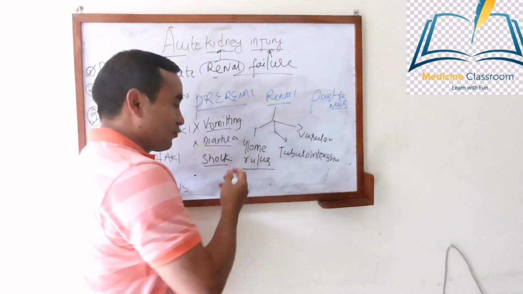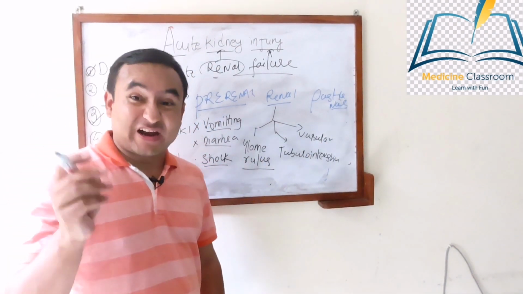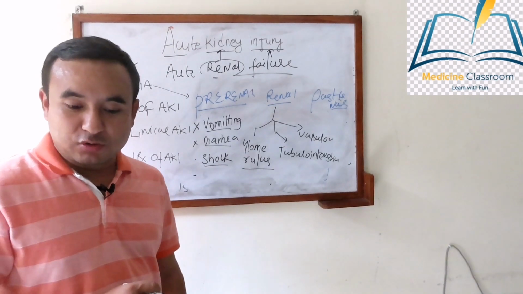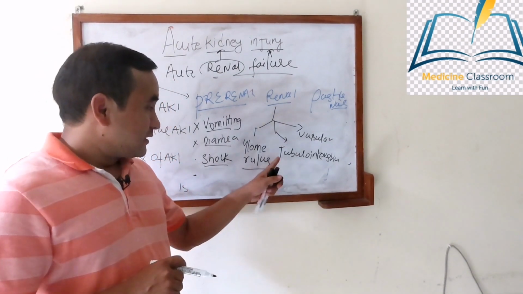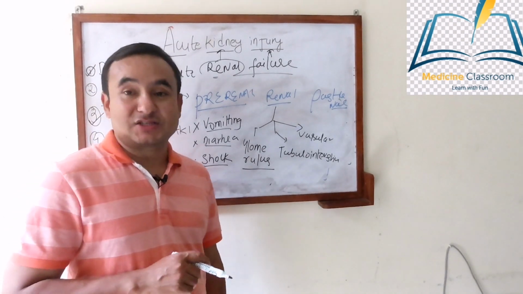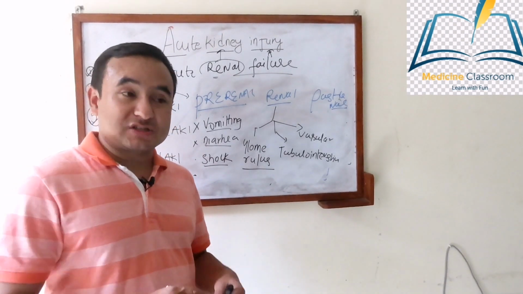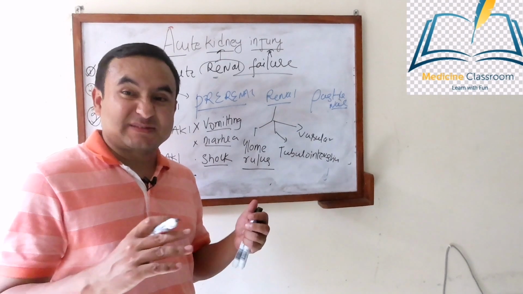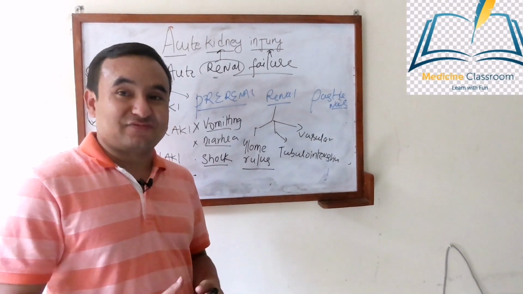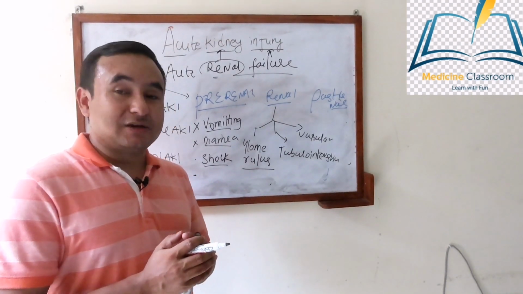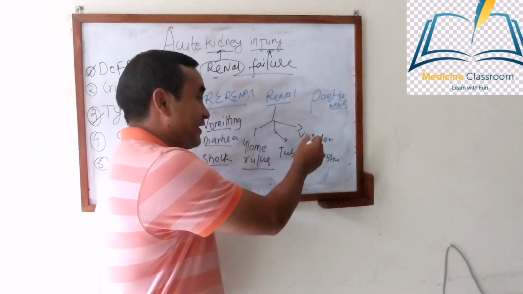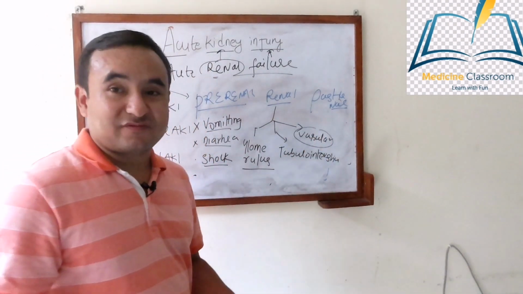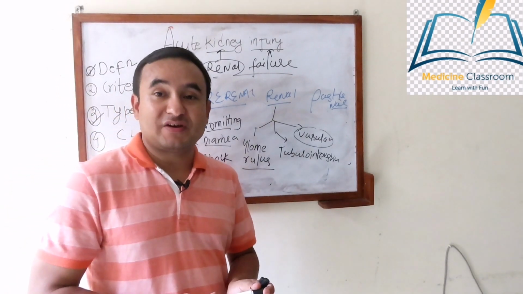So the common cause of glomerular injury is glomerulonephritis, and you know about glomerulonephritis, we will also discuss that later on. Second is tubulointerstitial disease. Tubulointerstitial disease can be caused by different immune mediated processes, different toxins, different organisms. And there can be different vascular injury because of different vasculitis in the kidney.